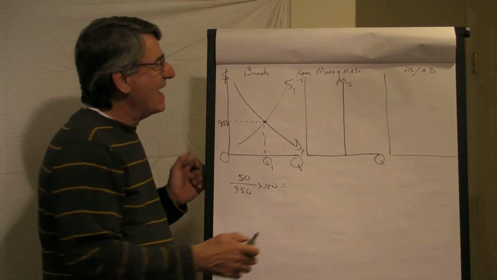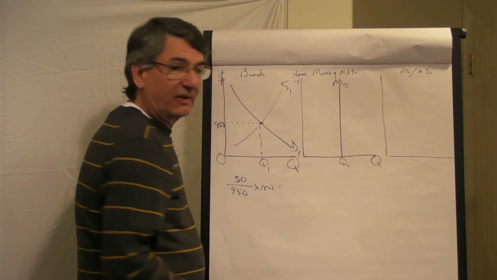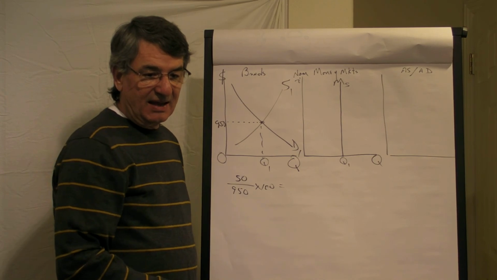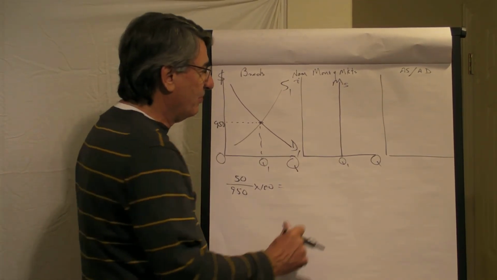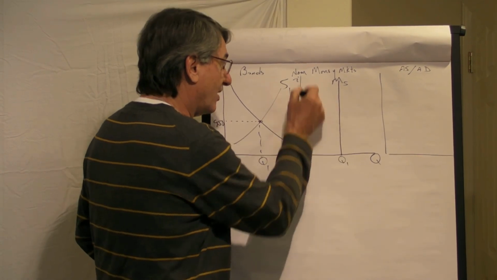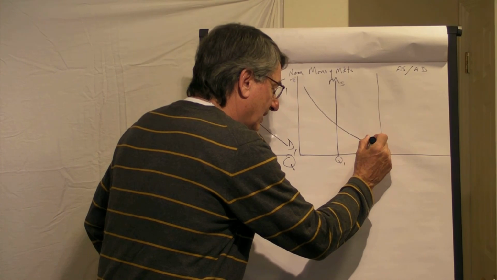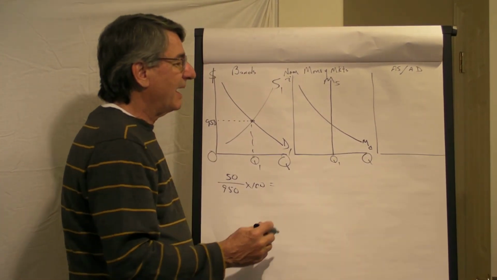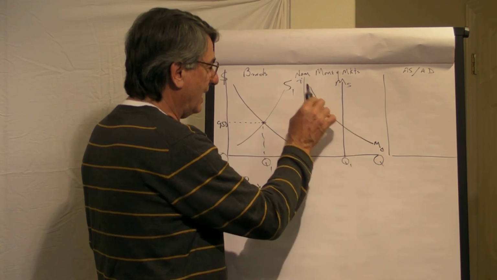So, money supply is determined by the Fed. The Fed decides, it's assumed, that they want Q1 dollars out there and they put them out there. That's it, regardless of what the interest rate is. But money demand, there's money demand. Money demand is the relationship between quantity and interest rate.